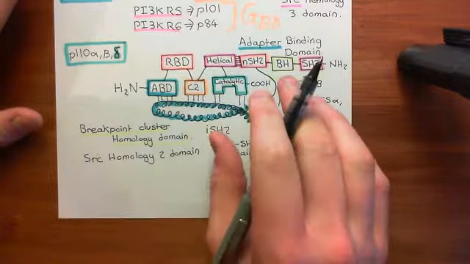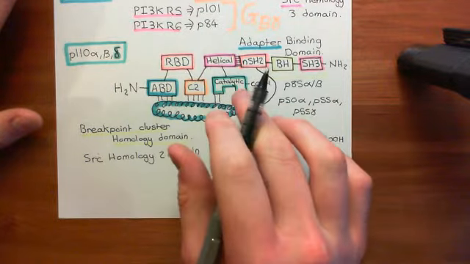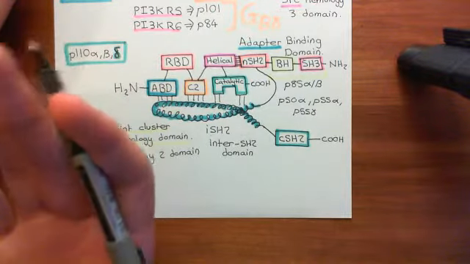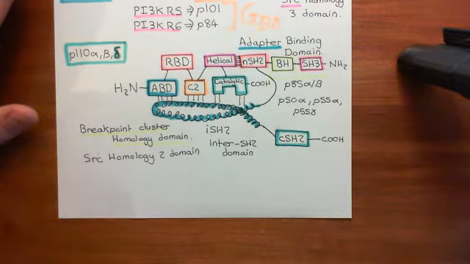So a big part of activating this enzyme is merely getting it to the underside of the cell membrane so that it can come into contact with its substrate, the PIP2 molecules, and then convert them into PIP3 molecules.